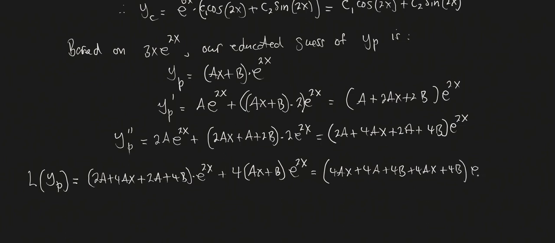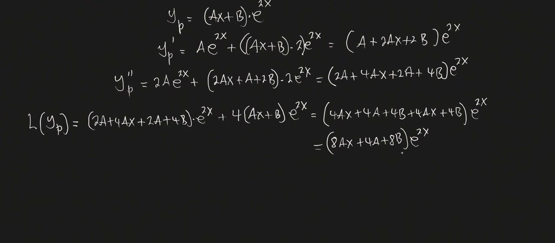And then that's all times the e to the 2x, right? So again, simplifying this, we have a total of 8ax plus 4a plus 8b times e to the 2x, right?